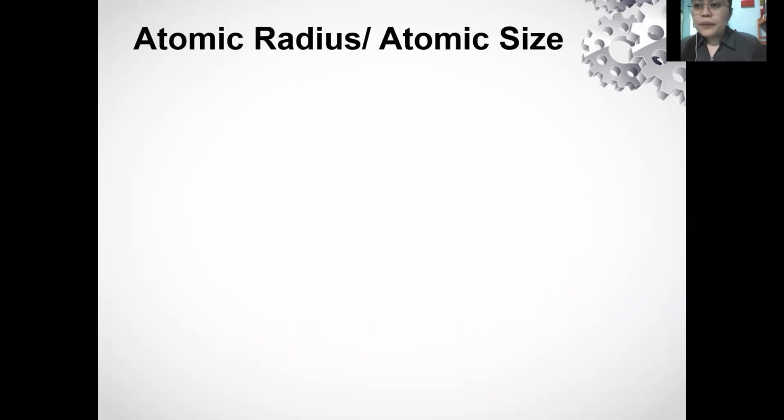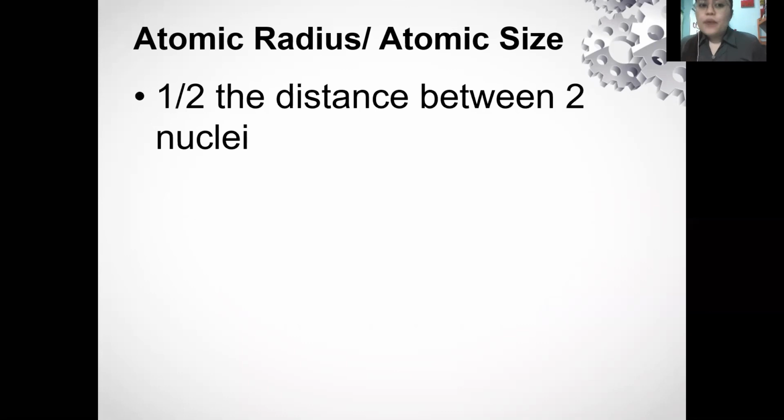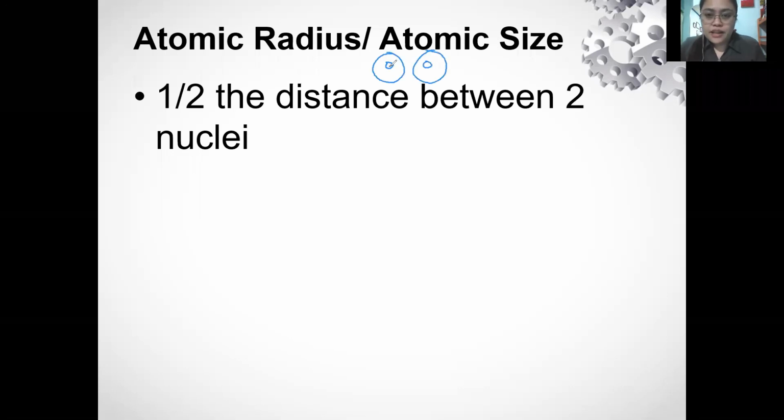Let's start with the atomic radius or atomic size. When you say atomic radius, it's half the distance between two nuclei. So if you have an atom here and then another atom, the distance from one nucleus to another nucleus, half of that is called the atomic radius.